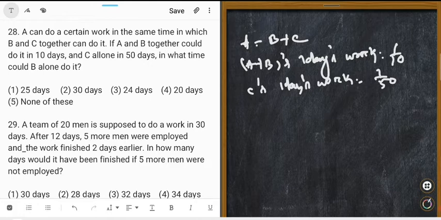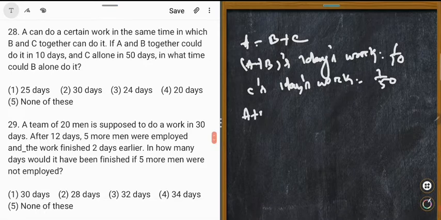A is equal to B plus C. A plus B's 1 day's work is 1/10. C's 1 day's work is equal to 1/50. Could you understand? So A plus B's 1 day's work is 1/10 part.